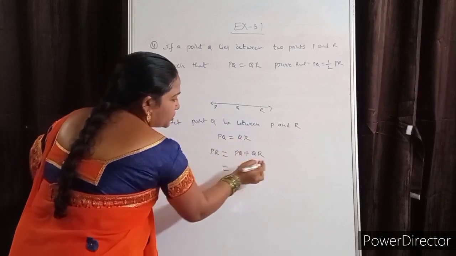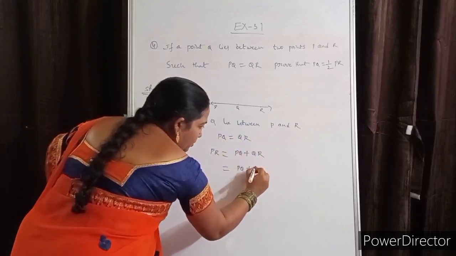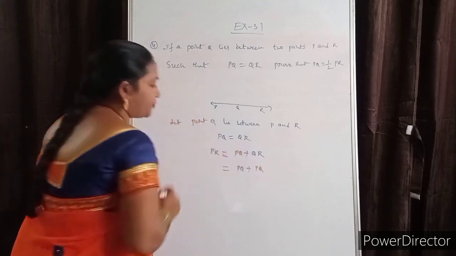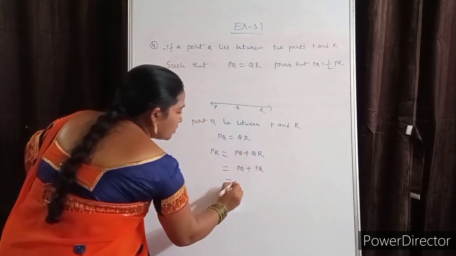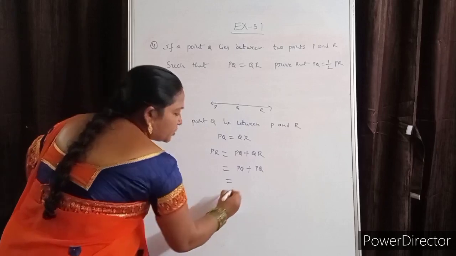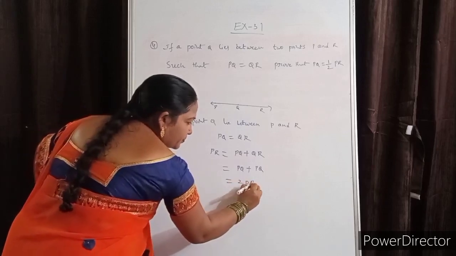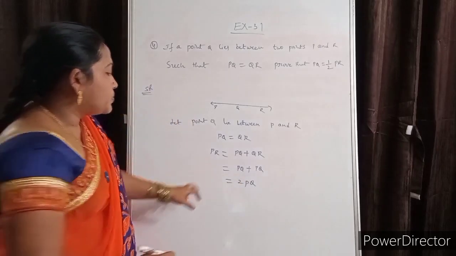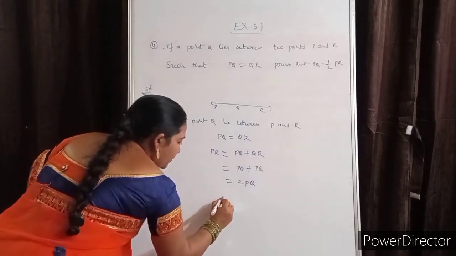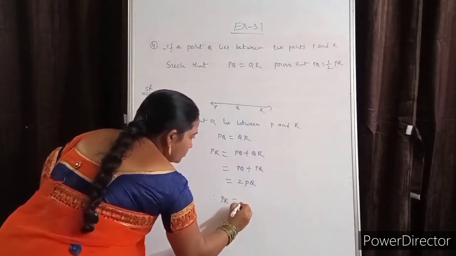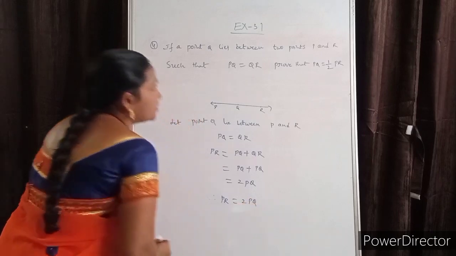QR means PQ, so QR is equal to PQ. So, PQ plus PQ is equal to 2PQ. Therefore, PR is equal to 2PQ.